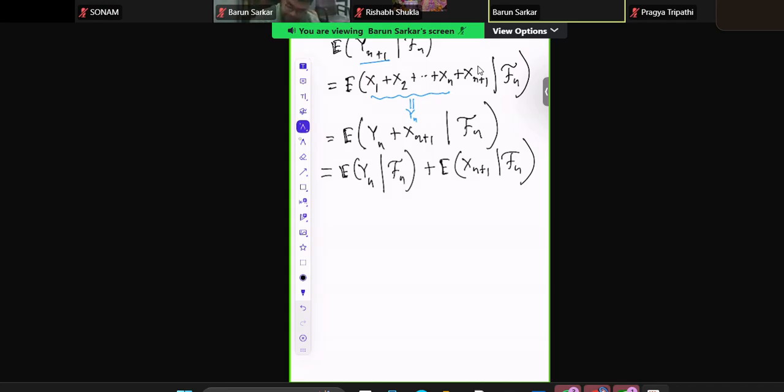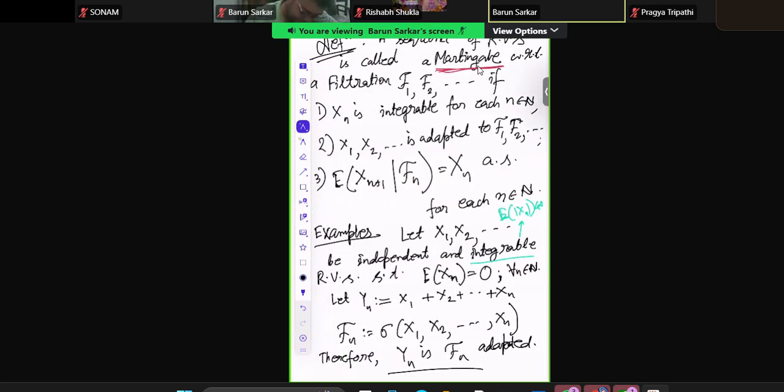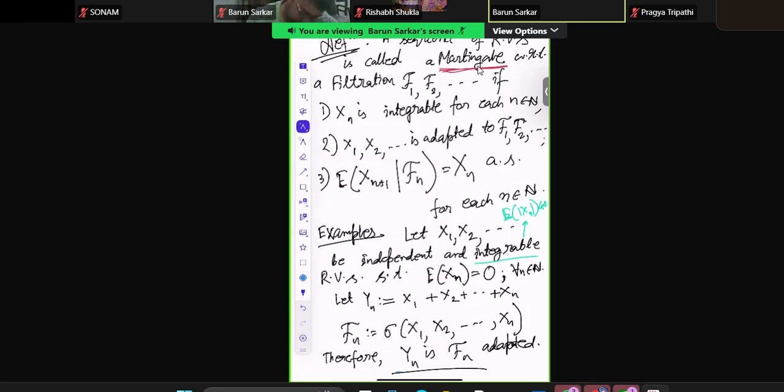Now for Yn given Fn: what we have proved already is that Yn is Fn measurable. We have proved that Yn is Fn measurable, or Yn is Fn adapted. That is already shown.